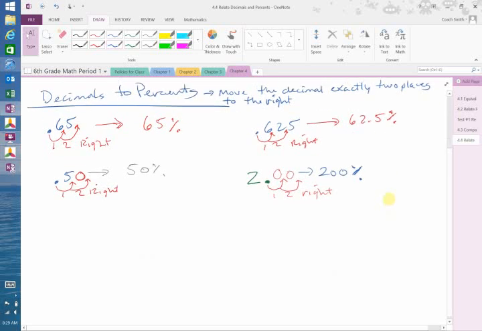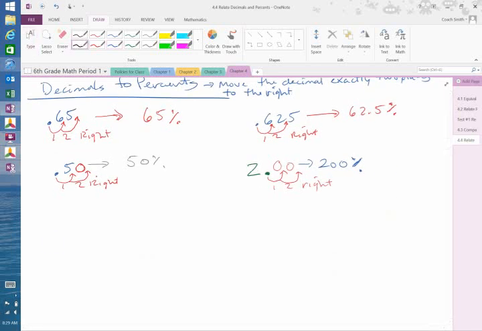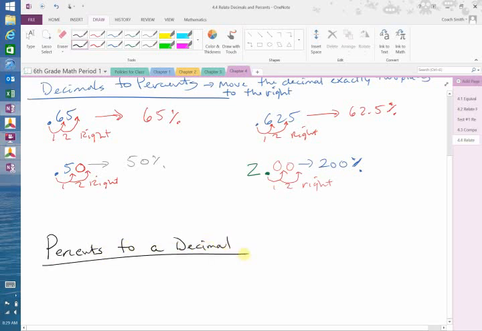So let's look then at changing a percent to a decimal. To change a percent to a decimal, we're going to move the decimal two places to the left.